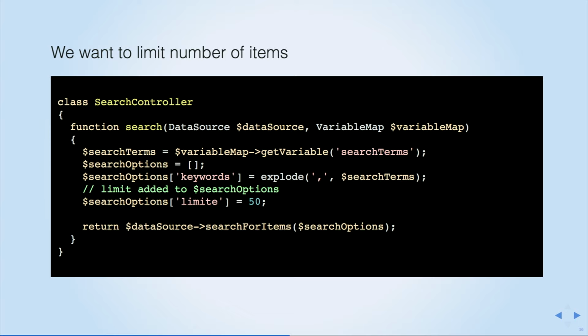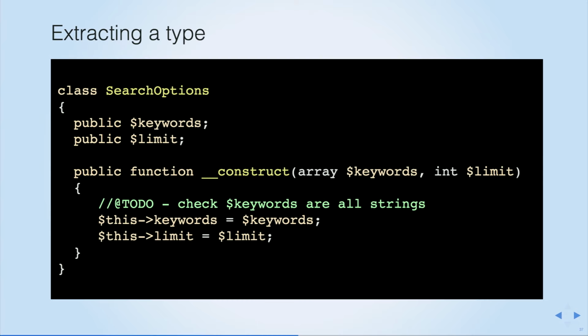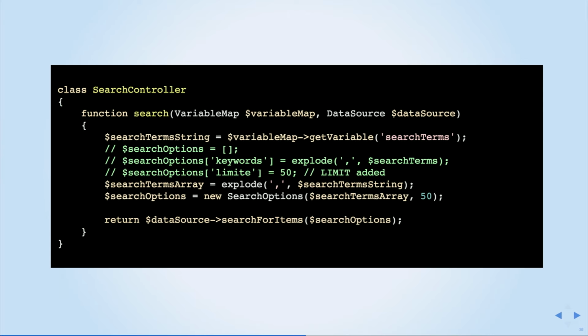So let's extract a type here as well for the search options. Search options type, again, is a very small object. All it does is take in some keywords and an integer for the limit. We can now refactor the search controller. Again, the green lines are the ones we've changed.